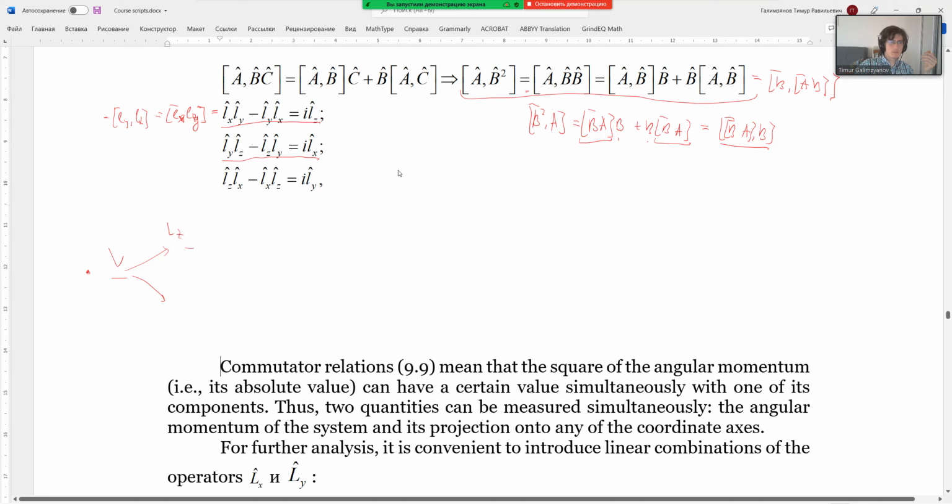So we get +1 or -1. It can be anything else, but for simplicity I will put it +1.